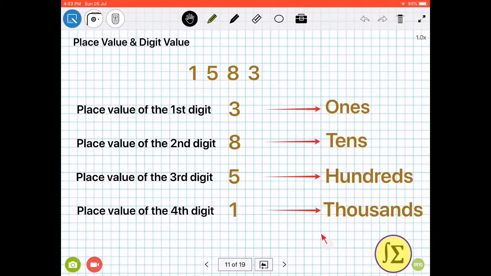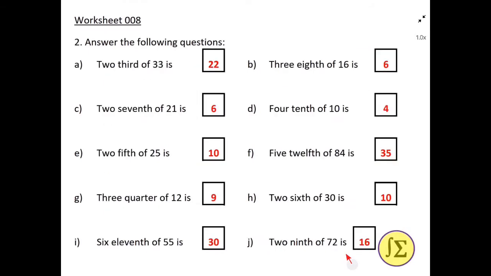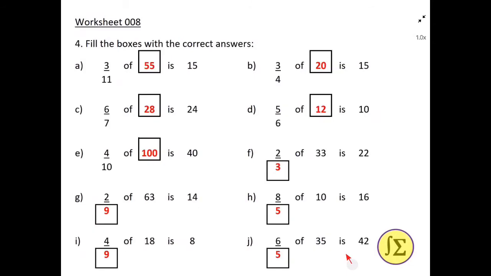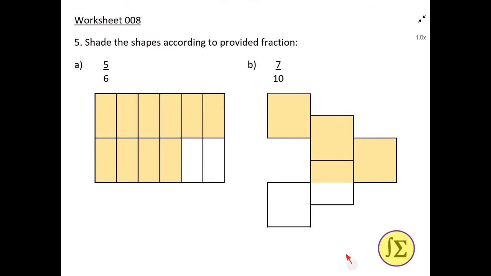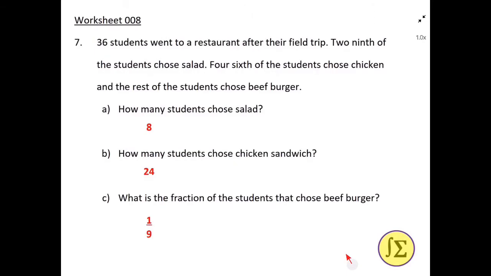Before we move on to digit value, let's look at the answers of the previous worksheet, worksheet 008. These are the answers to question number 1, question number 2, number 3, number 4, question number 5, number 6, and number 7.